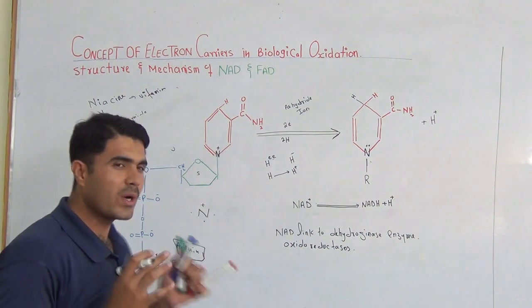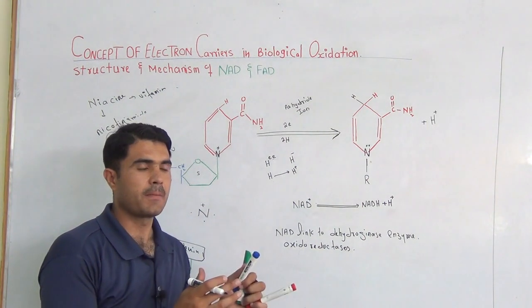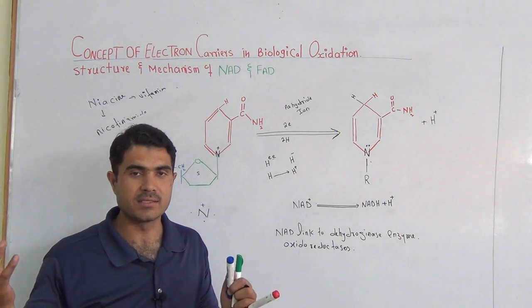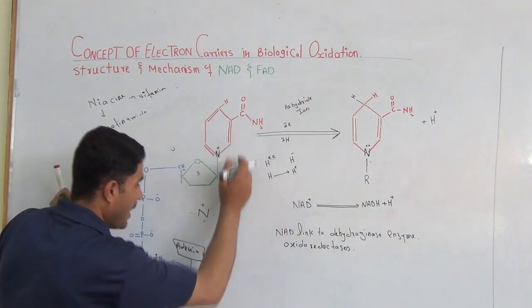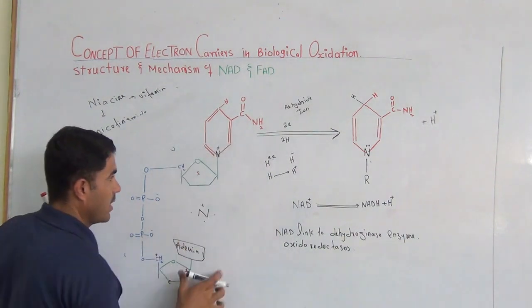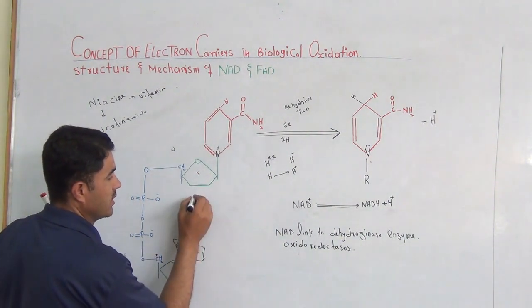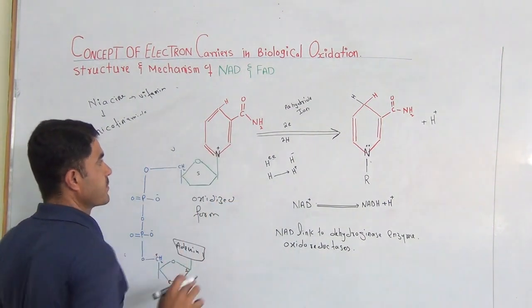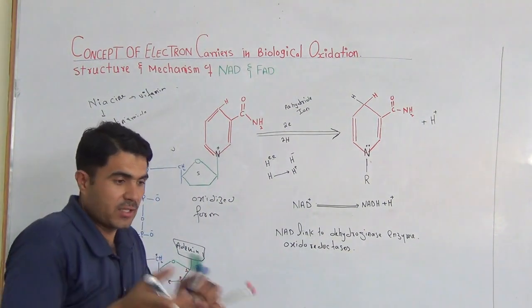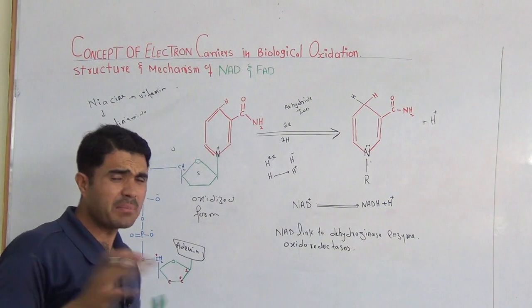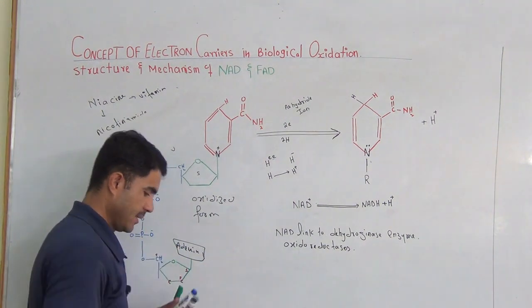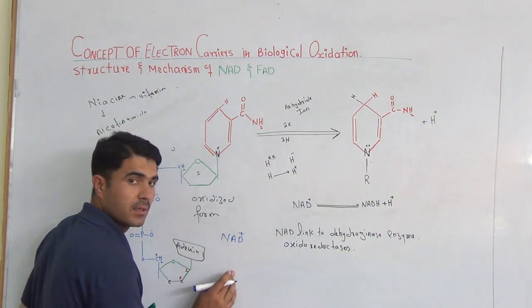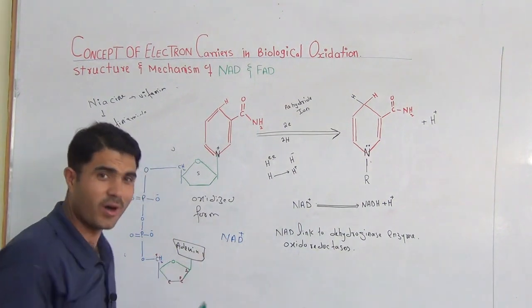Okay, so a structure that has no electron, that has lost its electron, is called the oxidized form. So now what you can see, this structure is in oxidized form, because nitrogen N plus has used its electron. By mistake, some of the students think that NAD plus is positively charged, which is wrong.